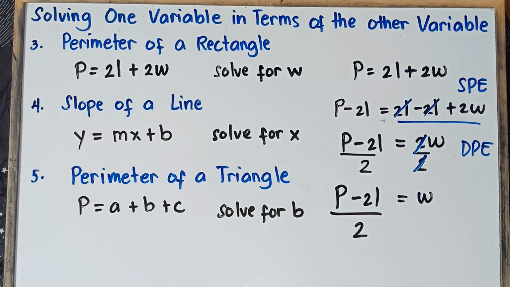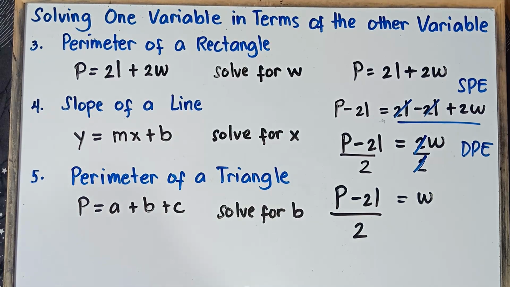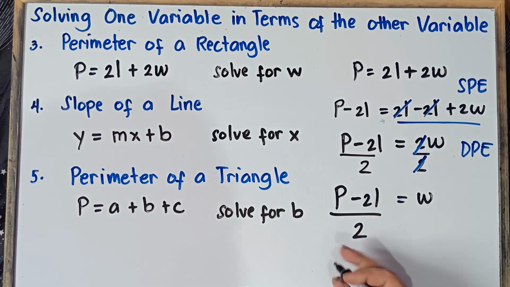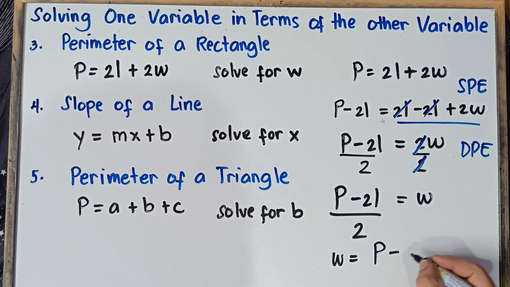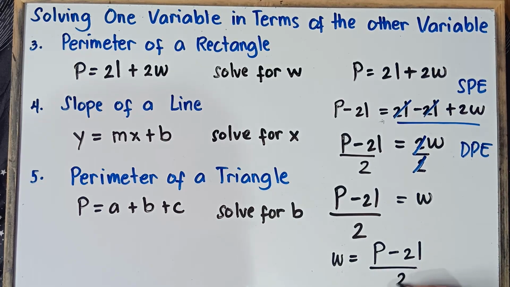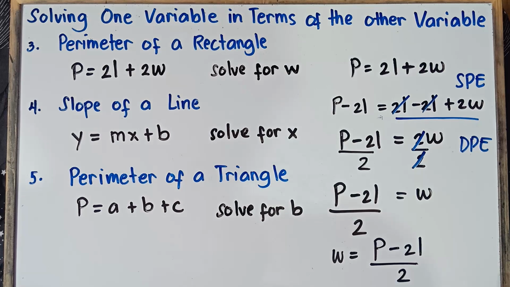That's it, class. That's the answer with regards to example number 3. Or we can write this one: the width is equal to the perimeter of the rectangle minus 2L over 2. That's the answer with regards to example number 3.